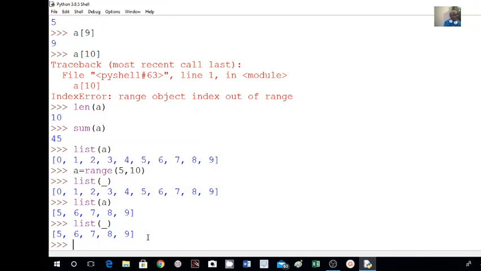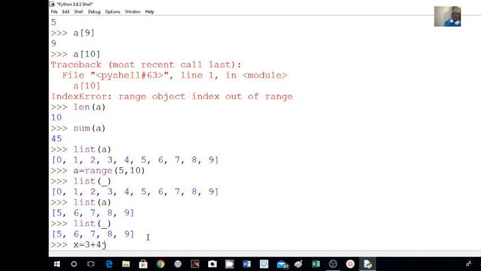Next command, I will go to complex numbers. Usually we write like this: X is equal to 3 plus 4J.